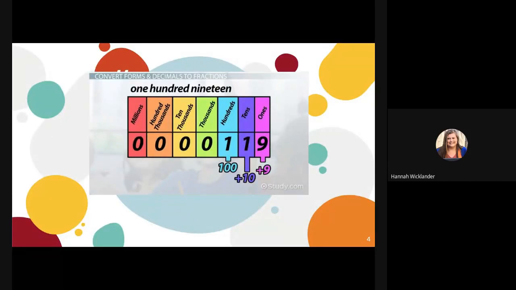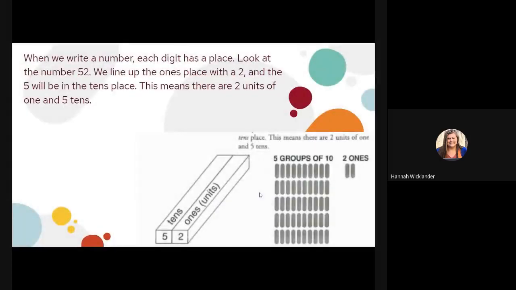Here's another place value chart to show millions, 100,000s, 10,000s, thousands, hundreds, tens, and ones. And then there's 1 in the hundreds place, 1 in the tens place, and 9 in the ones place. So when we write a number, each digit has a place. Look at the number 52. We line up the ones place with a 2, and a 5 will be in the tens place.